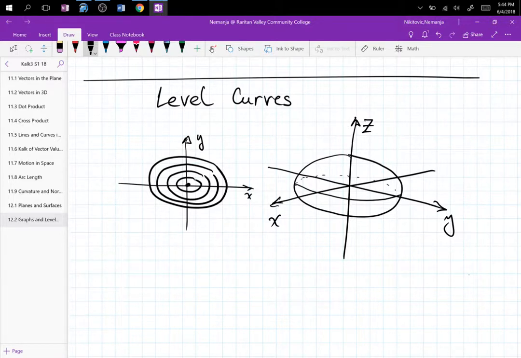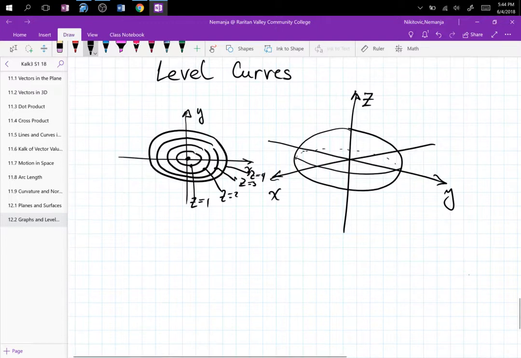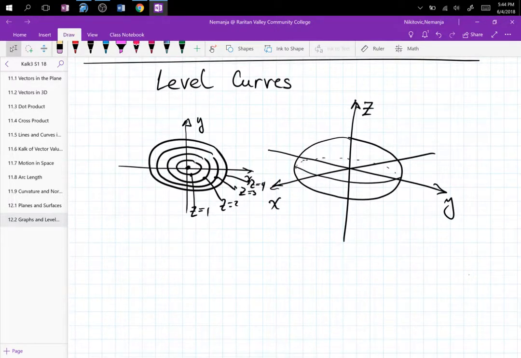And this would be z equals 0, z equals 1 cut, z equals 2, z equals 3, z equals 4, and so on. These level curves are very useful because they show the object's rapid change in steepness of its sides.